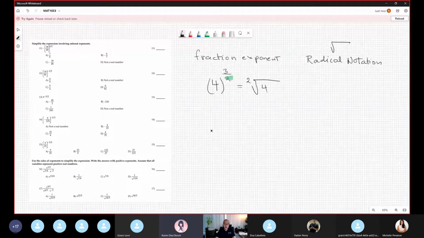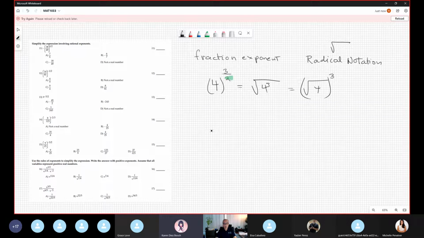Frequently, the 2 is invisible. Everyone knows when you put the radical symbol with no specification, the index is 2, a square root. And the 3 you put here as an exponent, or it doesn't matter because the order is not important.